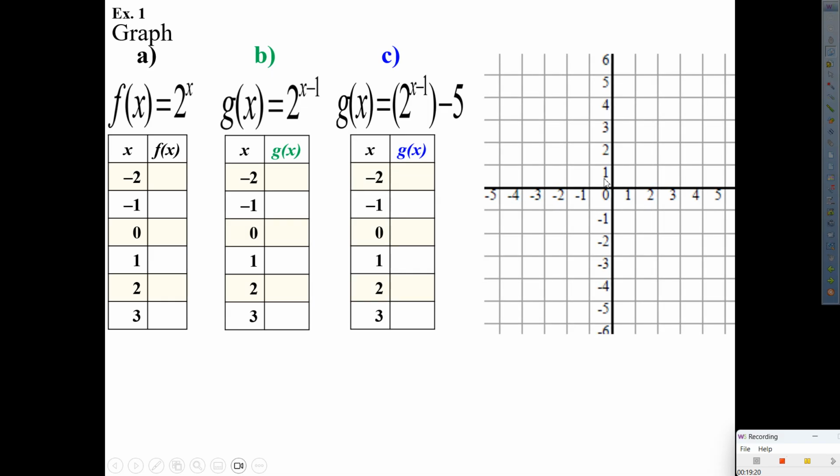Set up a coordinate plane from -6 to 6, both on domain and range. Make sure you make it nice and neat. The first f of x is in black. The second f of x, g of x, do that in green. And the third one in blue. So I'll give you guys some time.